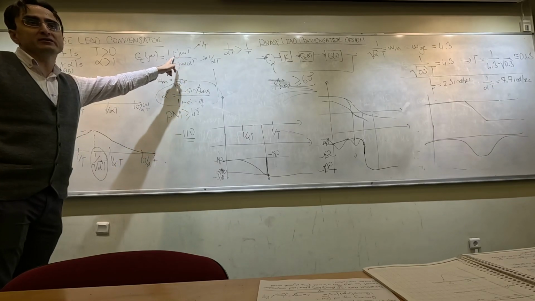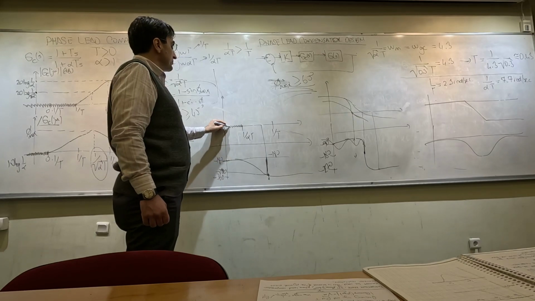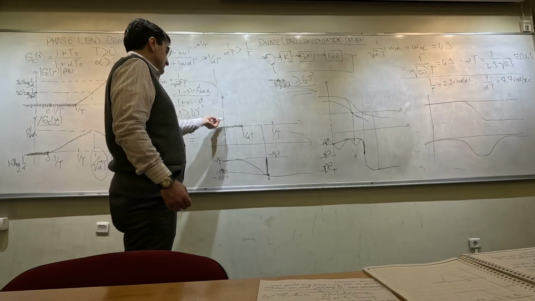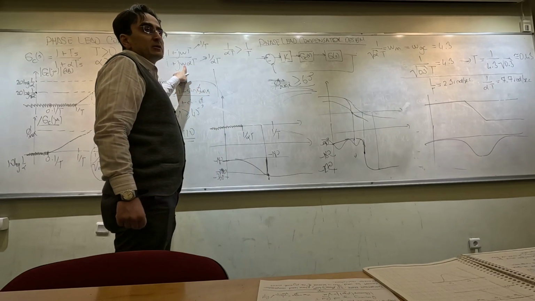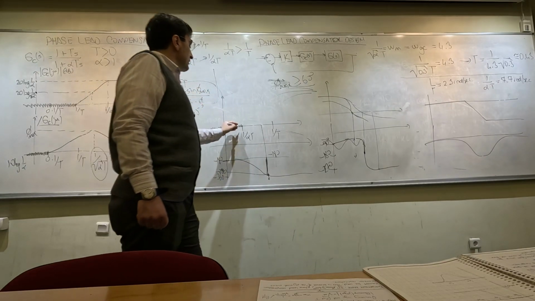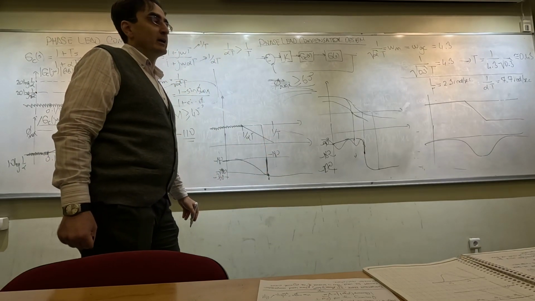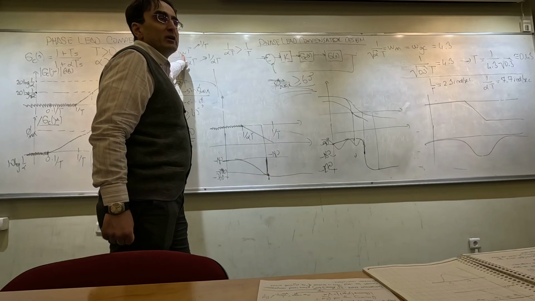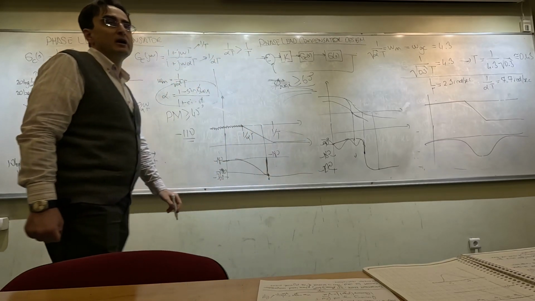I will first hit the corner frequency of the denominator. So the transfer function is going to be 1 or 0 dB at low frequencies. As soon as we hit the corner frequency of the denominator, we are going to get a gain decrease with minus 20 dB per decade. And then we are going to hit the corner frequency of the numerator. So this is going to settle at a value.